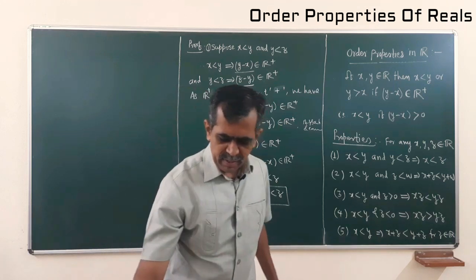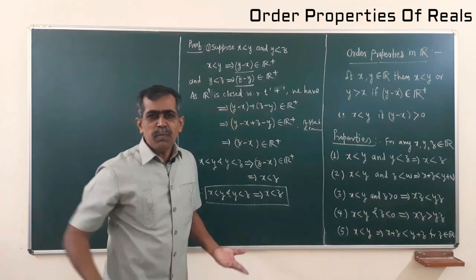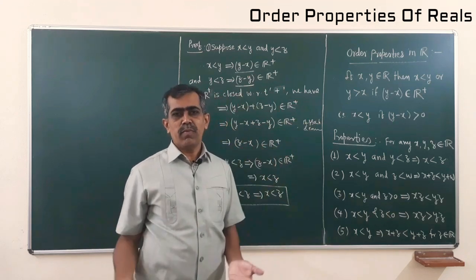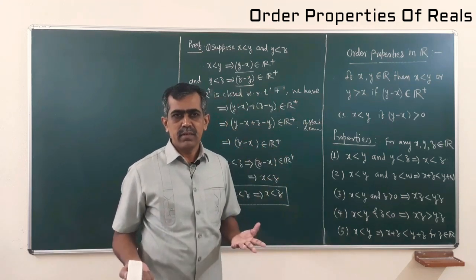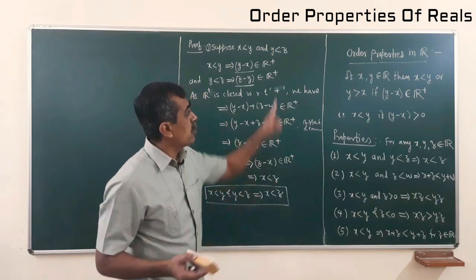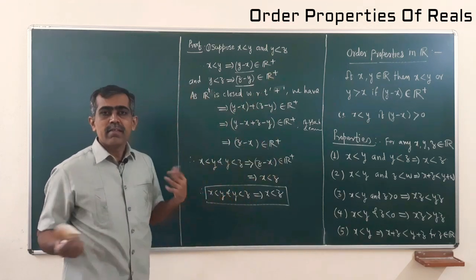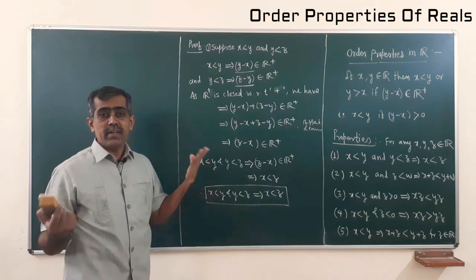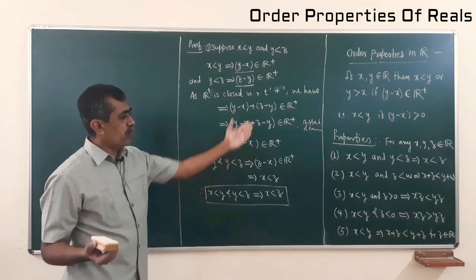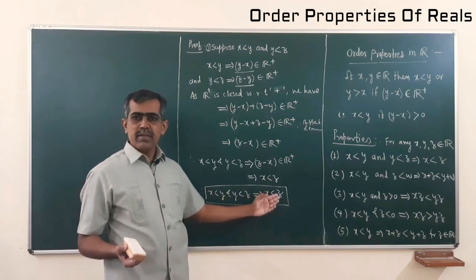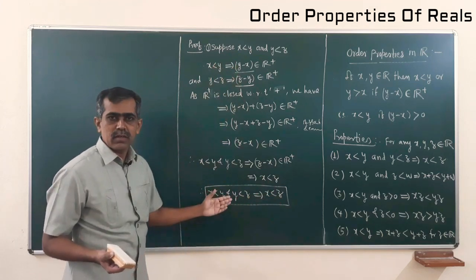One interesting thing is, you may feel that we know all these things since first standard or second or up to fifth standard. But you had assumed all these properties, and now you are giving the justification for each of them. What is the guarantee that x less than y and y less than z implies this? This is the justification.